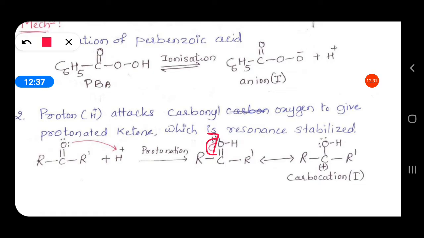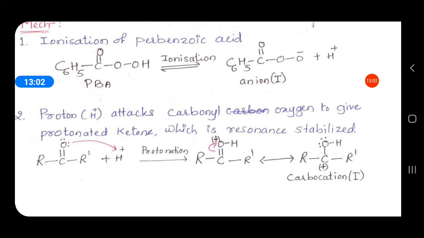Again, the pair of electrons is given to the carbon-oxygen bond, forming a double bond, and oxygen gets a positive charge. Thus the protonated ketone is resonance stabilized, and it forms carbocation 1.